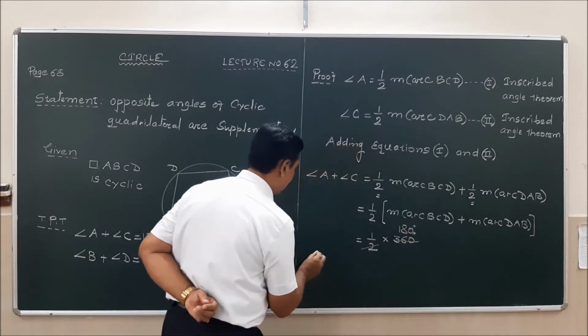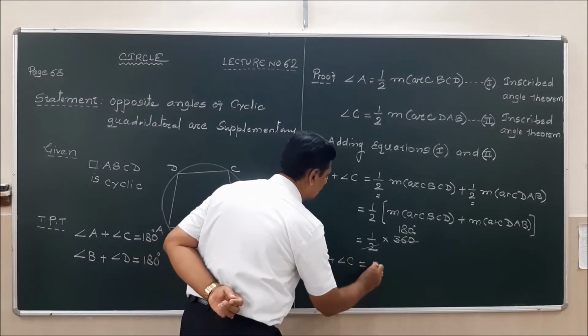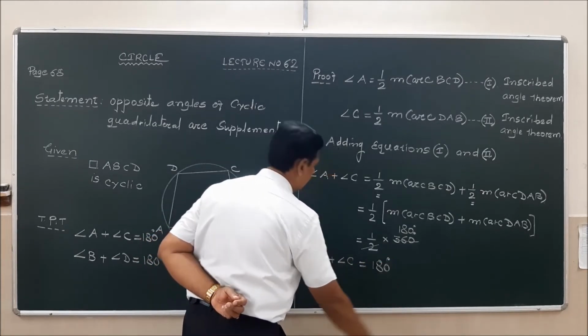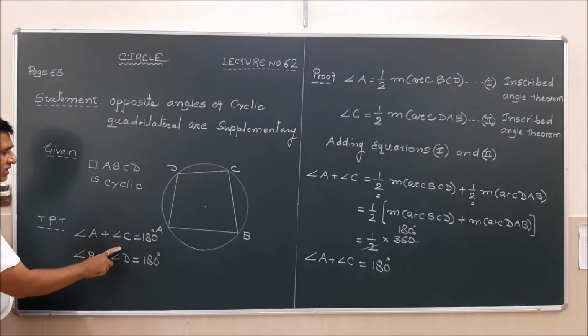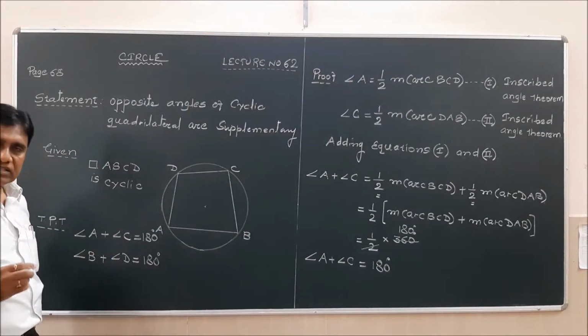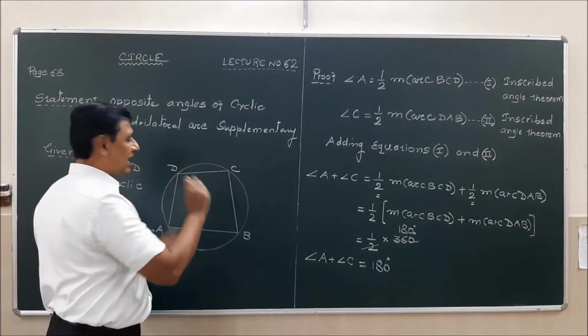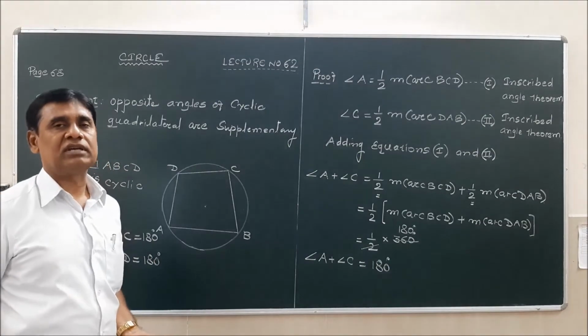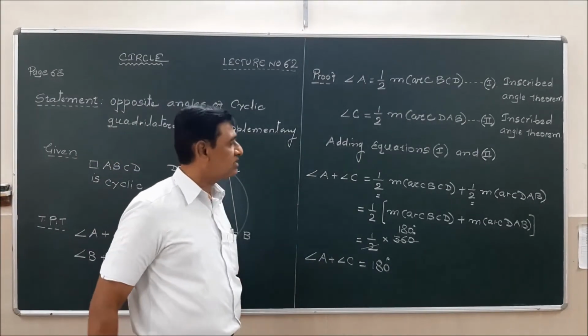So you will get angle A plus angle C is equal to 180. To prove that angle A plus angle C is 180, that is what we have to do. What we have to put is that opposite angles of cyclic quadrilateral are supplementary. So we got the result, A plus C is equal to 180.